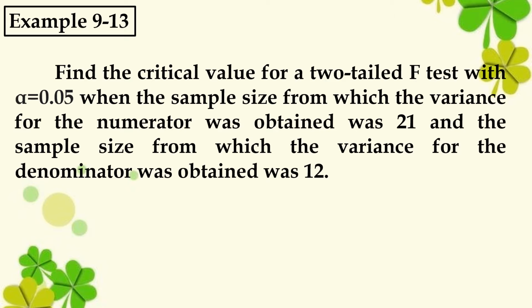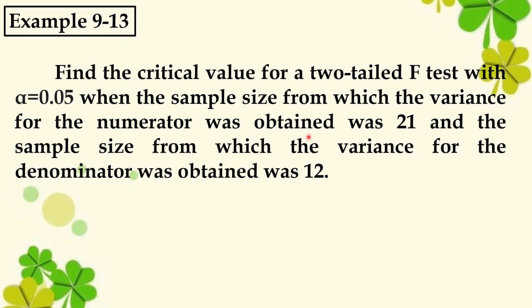Example 9-13. Find the critical value for a two-tailed F-test with alpha equals 0.05 when the sample size from which the variance for the numerator was obtained was 21 and the sample size from which the variance for the denominator was obtained was 12. Since the given are sample sizes, we are going to decrease 1 for our DFN and decrease 1 for our DFD.